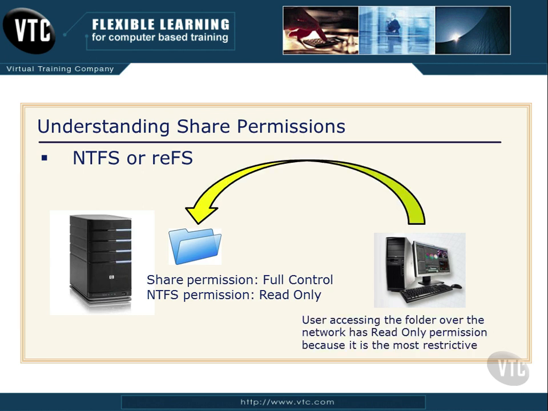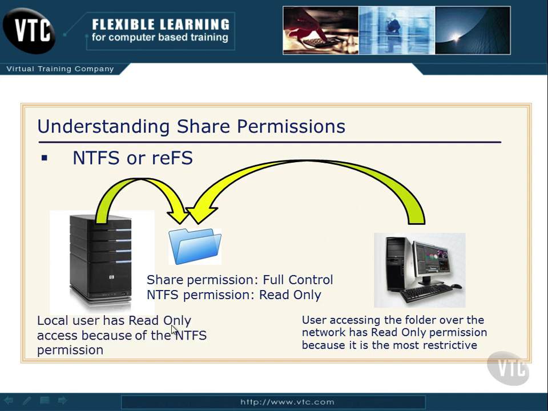When the user tries to access the folder over the network, they have read only permission because it is the most restrictive of these two. The share had full control, the NTFS had read only, and so when the operating system compared these two, it says, okay, the most restrictive is read only, so that's all they're going to get. And the local user has read only because of the NTFS permission.